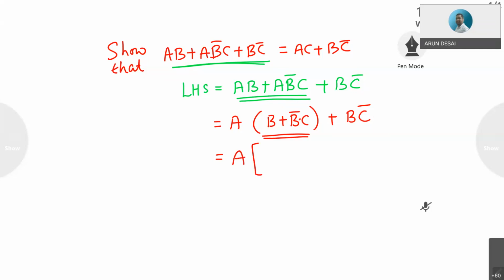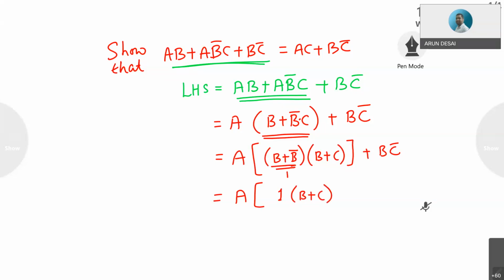Because B plus B complement gives 1, right? So B plus B complement C becomes B plus C, plus B C complement. In that case, A times this becomes 1 into B plus C, right?